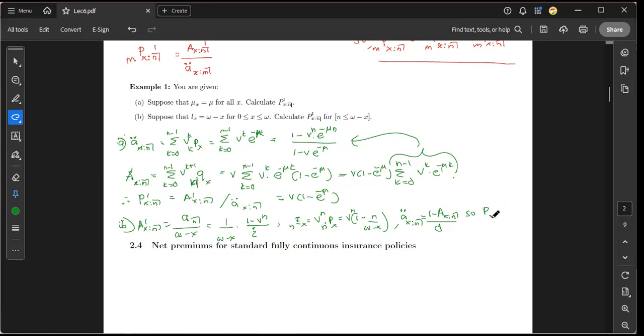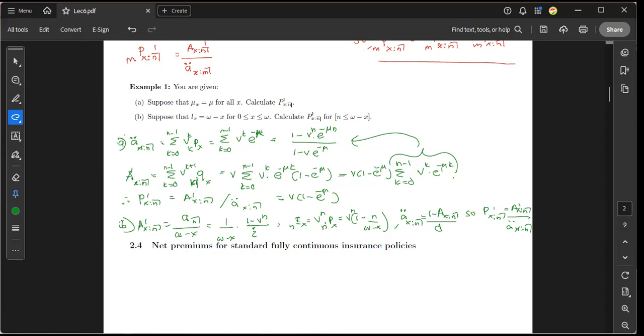PXN is AXN divided by A double dot XN. So you can substitute these two and get a ratio. So that is the abstract part.